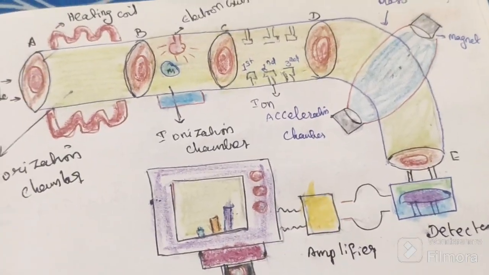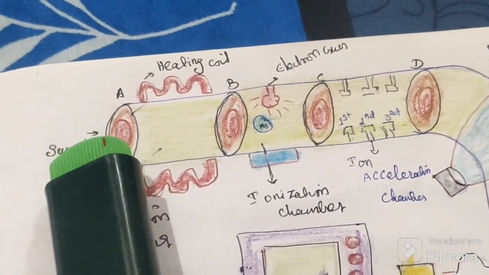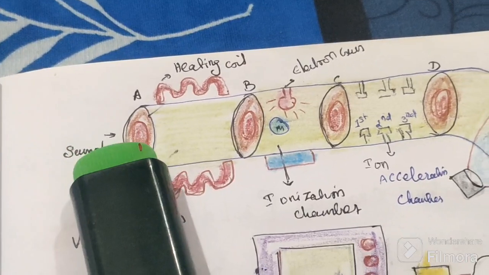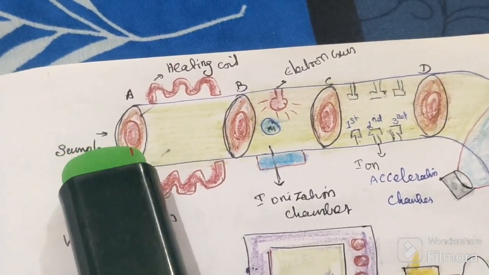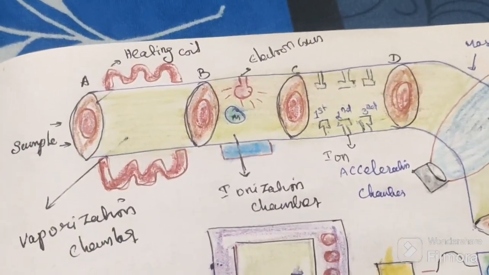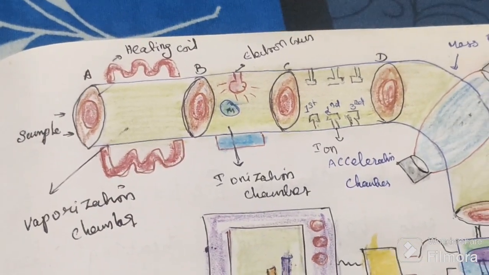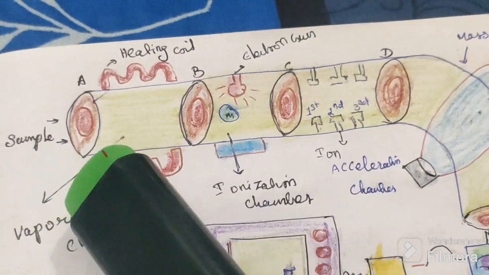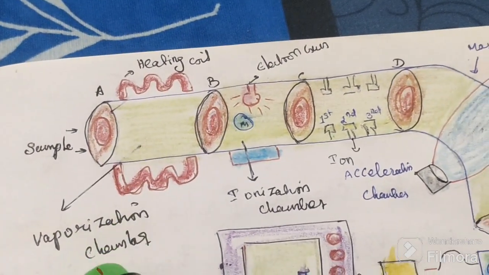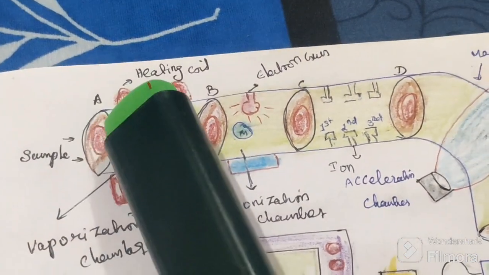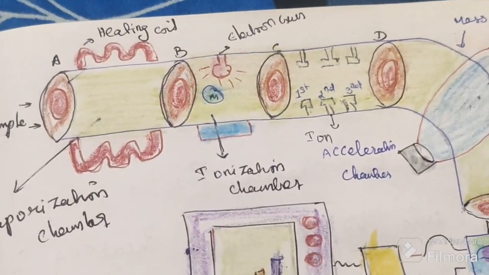Now coming to the first chamber. Here only the sample will be inserted. Between slit A and B, the vaporization chamber is presented, and it has a heating coil.